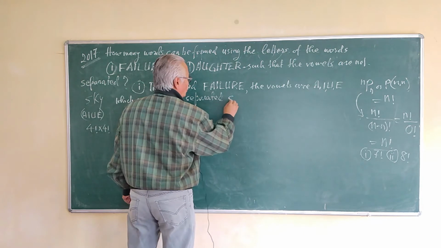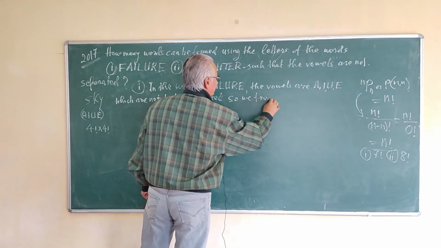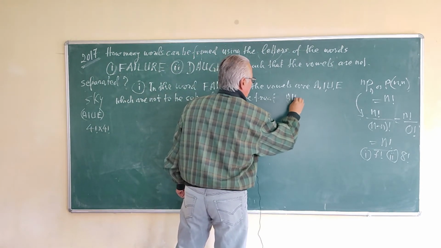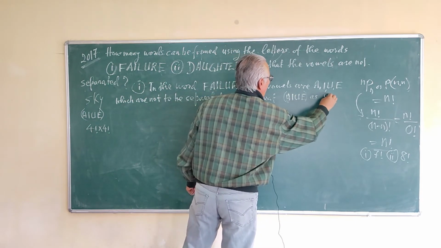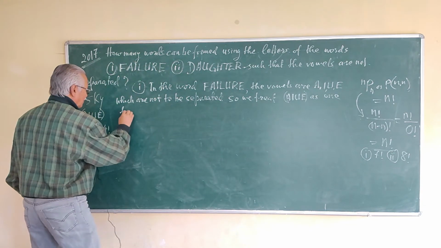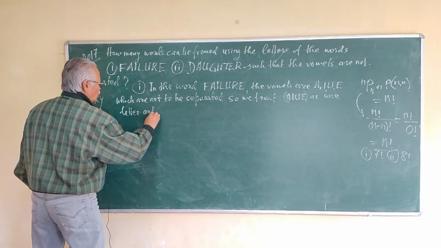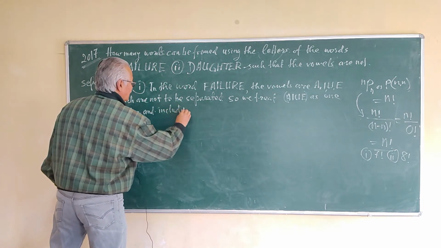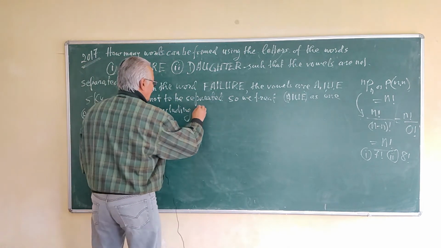So we treat A, I, U, E as one letter. And including the consonants, what are the consonants?